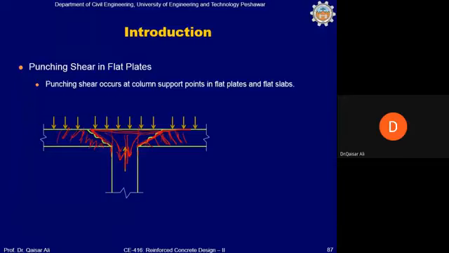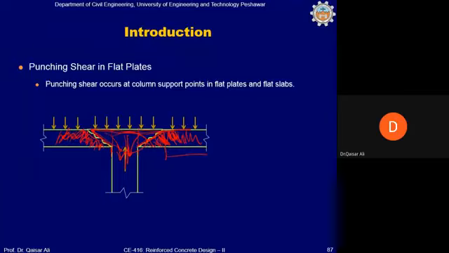Which part of the slab is causing this shear? This hatched part of the slab weight is causing the shear, not the whole slab. So whenever we want to calculate the demand for punching shear, we should calculate it for this part of the slab, not for the part which goes directly to the column.